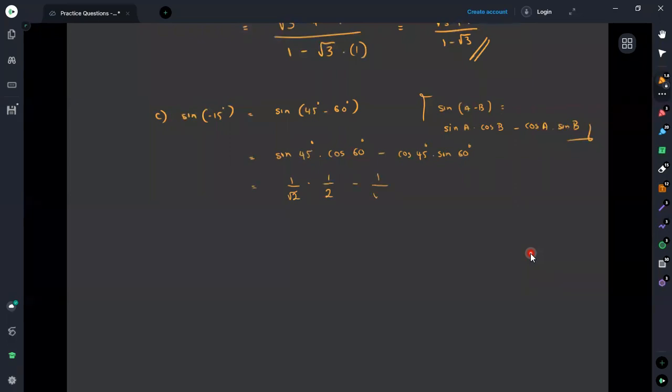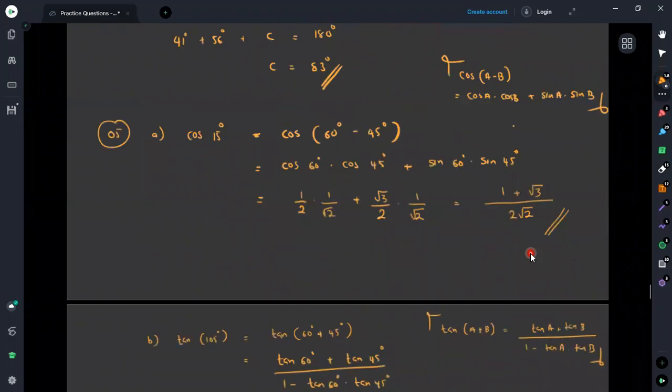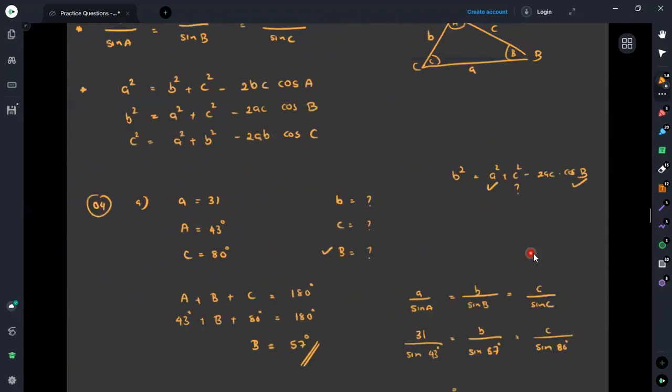Minus, here we are getting 1 over root 2, and sine 60 is root 3 over 2. Then if you take the common denominator and solve this, we end up with 1 minus root 3 divided by 2 times root 2. This is the answer for the fifth question.